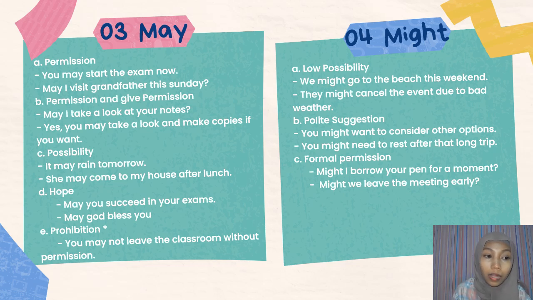Might can also be used to give more polite suggestions. For example, you might want to consider other options. You might need to rest after that long trip. Might can be used for formal permission. Might I borrow your pen for a moment? Might we leave the meeting early?